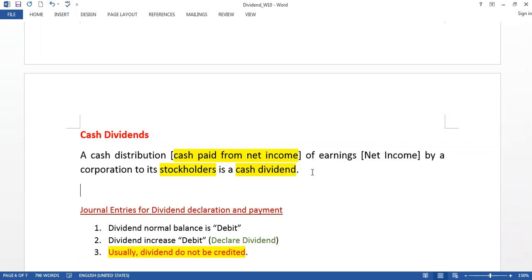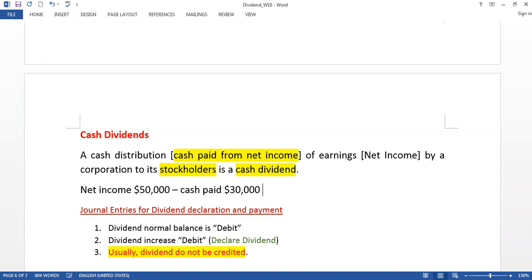So if you remember, in our first class, I explained that net income, for example, net income $50,000. From here, some cash paid. Okay, maybe $30,000.